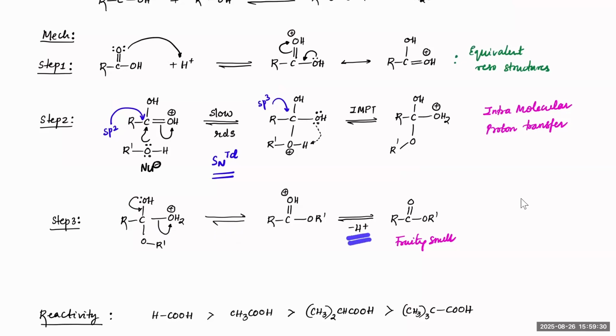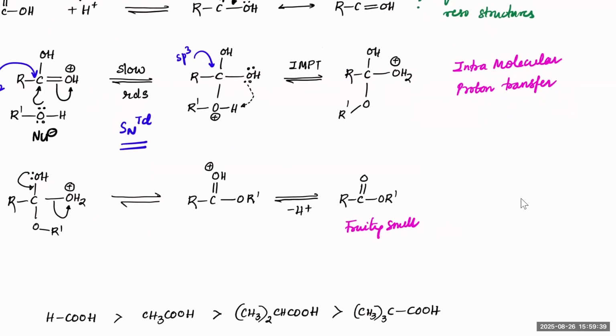Fifth step is deprotonation. So in short, actually there are five steps, but major steps are these three. The one is protonation. Next one is nucleophilic addition, then dehydration, and lastly deprotonation.